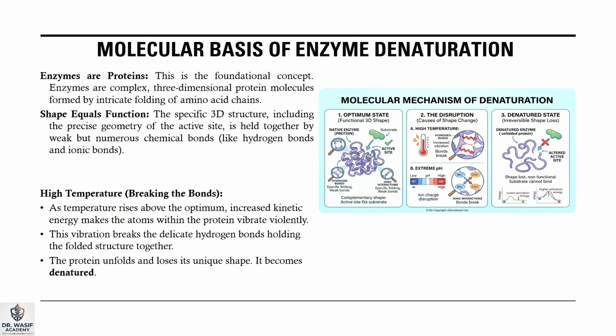They start to vibrate violently. Imagine those atoms shaking so hard that the delicate hydrogen bonds simply cannot hold on anymore. They snap. Once those bonds break, the protein unfolds and loses its unique shape. It becomes denatured. It's like that piece of origami being flattened out. You cannot just fold it back perfectly once the structure is ruined.